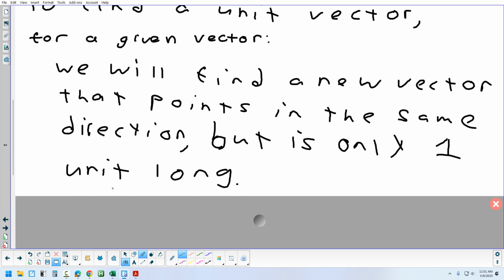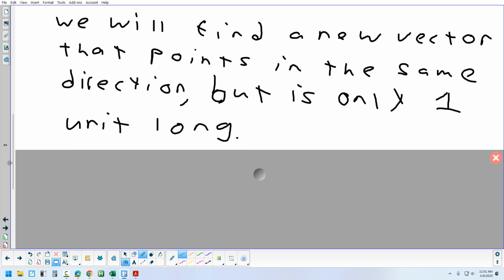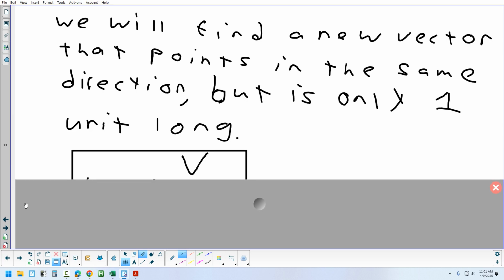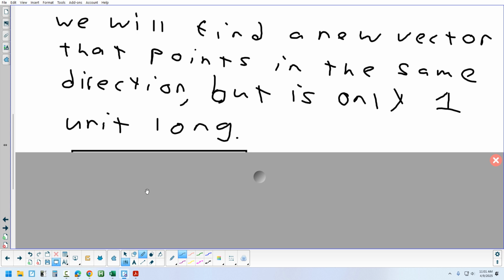All right, so now we just have to figure out how to write that as a formula. So let's say you had a vector v. If you want to scale it by the reciprocal of its magnitude, you're going to multiply by something in front. Since it's a reciprocal, it's going to be a fraction. How do we represent the length of a vector? Because that's what I need to put in the front here, the reciprocal of the length.